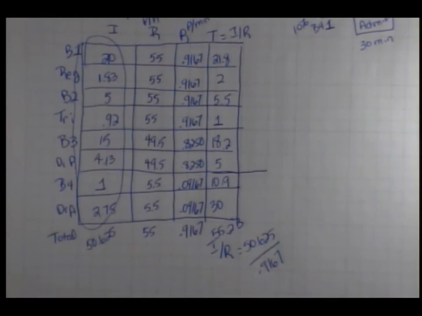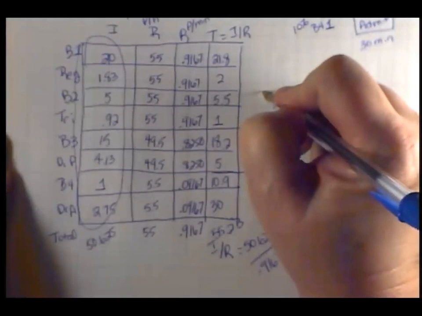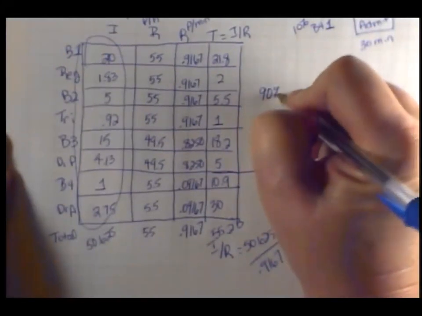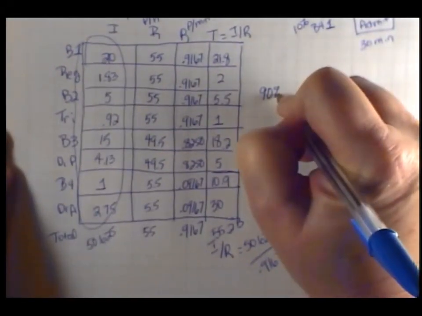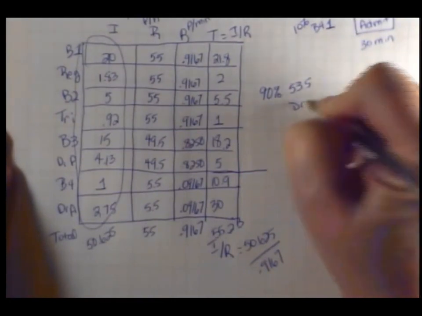Okay? And if I sum those up, that's 53.5 minutes. So 90% of the patients are going to take 53.5 minutes through the doctor prescription process.